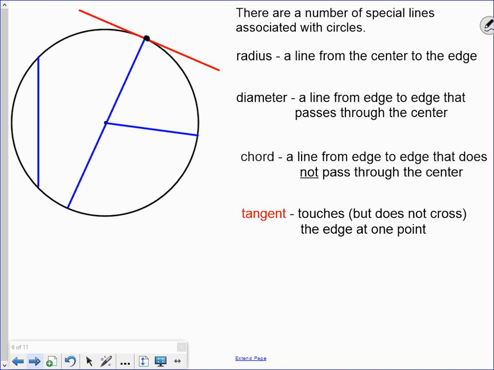The other thing to note about tangents is that a tangent line, this red line that we see here, is going to be perpendicular to a line from that point where it touches the circle to the center. So it is perpendicular to that line, and that line could be either a diameter or a radius.